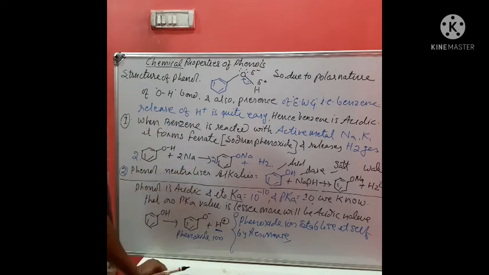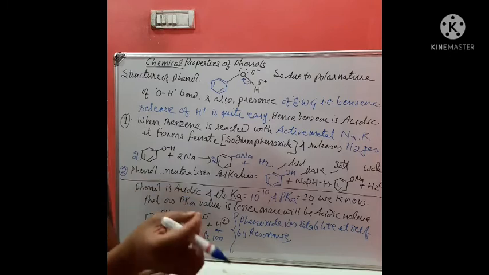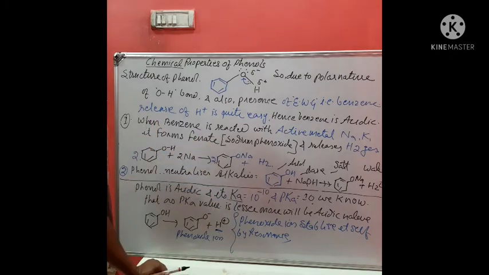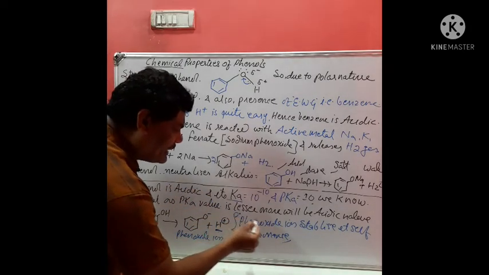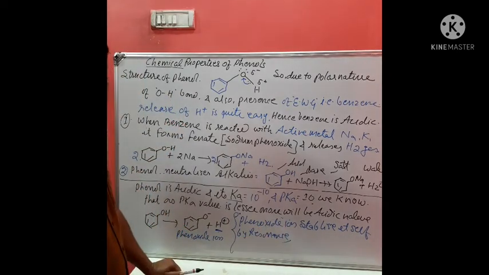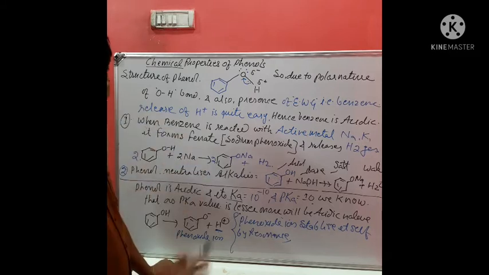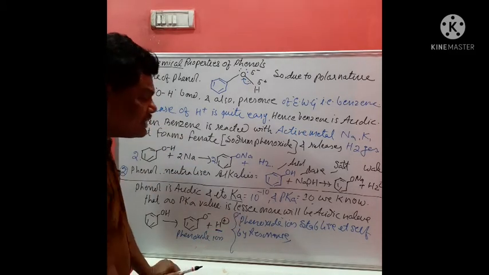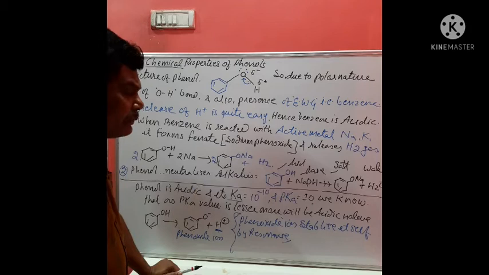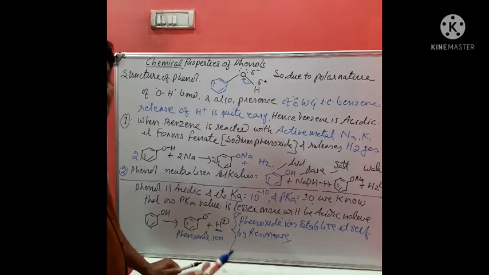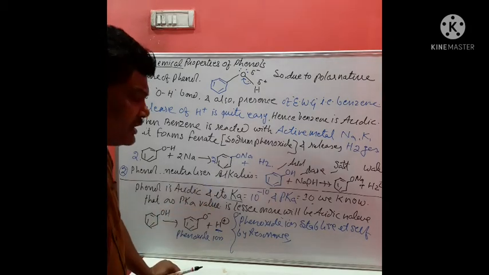That means in the aqueous solution, the hydrogen cation will remain in the free form and therefore it will become acidic in nature. So we have already checked all the resonating structures given by the phenoxide ion, that is the 5 structures, and through the 5 structures it stabilizes itself, therefore the released H cations remain in the solution.